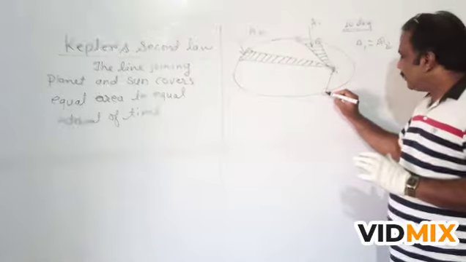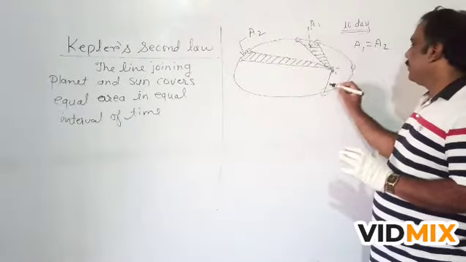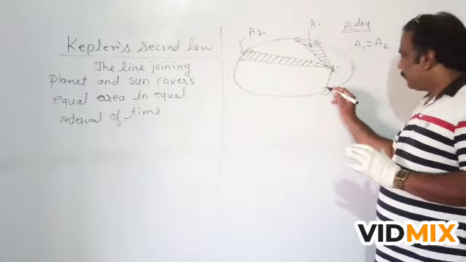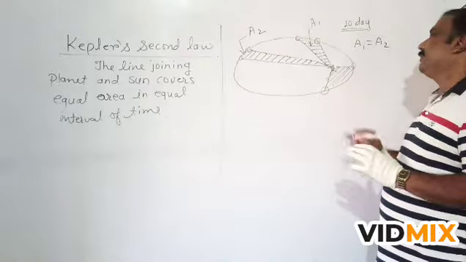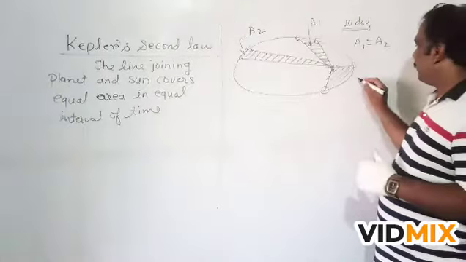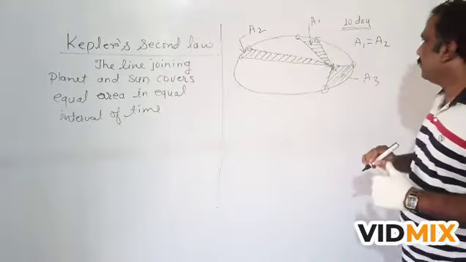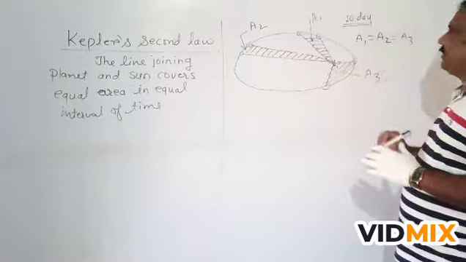So consider this planet Earth moves up to this position. This line joining planet and sun sweeps this much area. Let this area be A3. So A1 is equal to A2 is equal to A3.